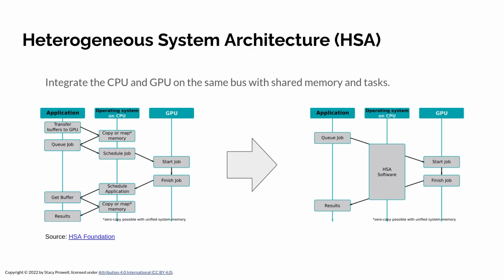Finally, it gets to the GPU and I can run the job, but then I've got to copy everything back, and so the CPU has to be involved in that. Over on the right-hand side, you can see where the HSA Foundation wants us to go. They want a much cleaner, at least conceptual, process for getting data from an application into and out of the GPU.